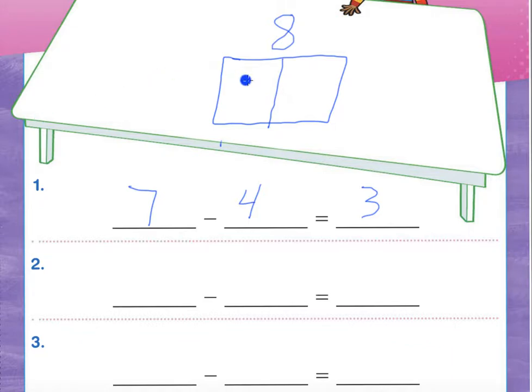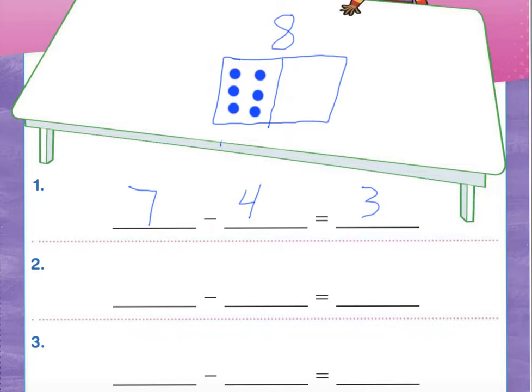And that the number we're allowed to know is 6. So let's make 6 dots. 1, 2, 3, 4, 5, and 6.